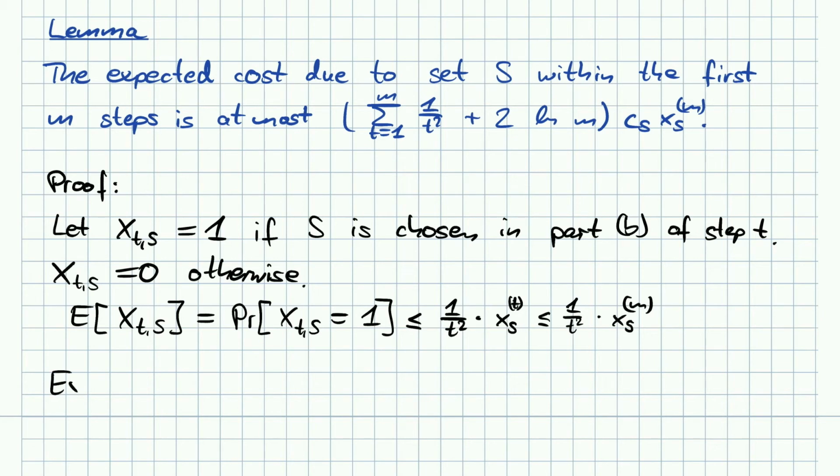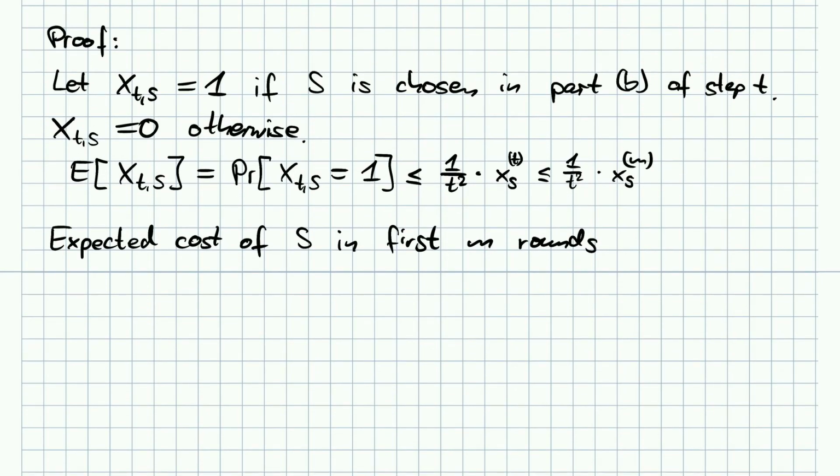So what is now the expected cost of S in the first m rounds? Well, we can write it as follows. This is technically speaking only an upper bound, because of course we can choose every set at most once.